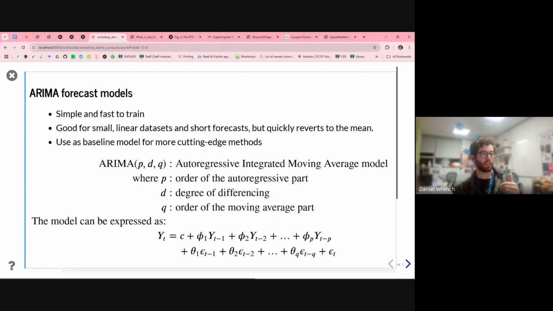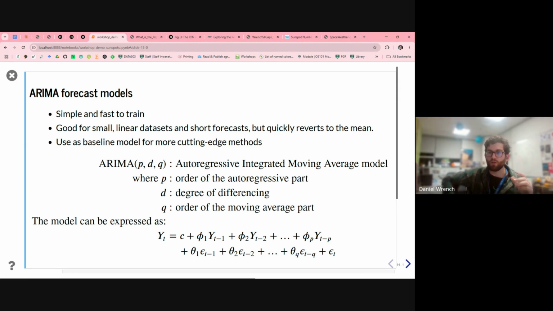Then there's the moving average part, which is the error terms, otherwise known as the shocks. We also put some coefficient on the error terms, and that's called the moving average component of the model, and that goes up to q terms. And then finally there's this d parameter. Now, as I showed before, we want a stationary time series for these forecasts to work effectively.